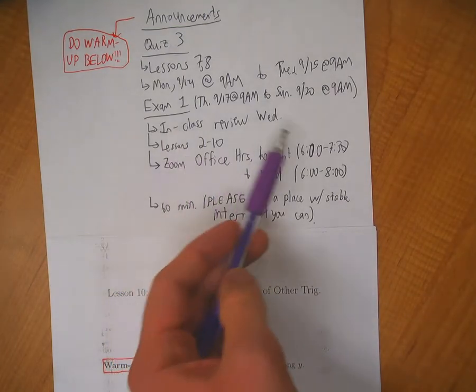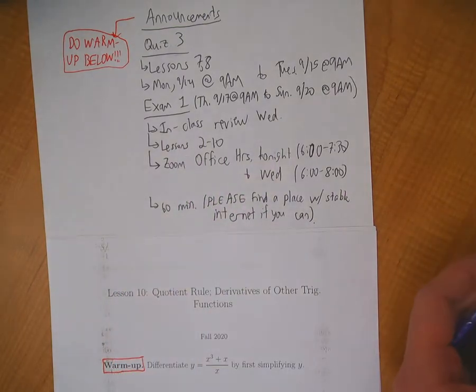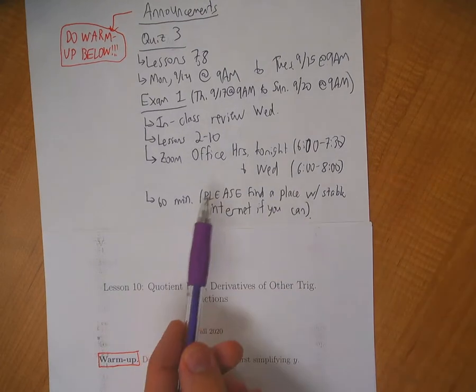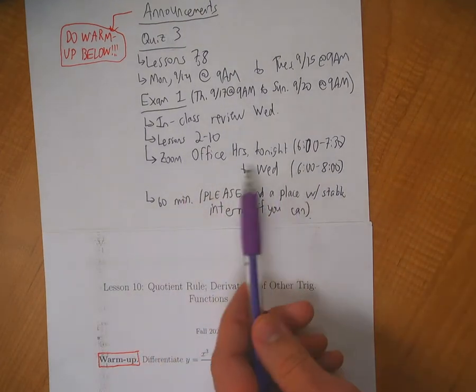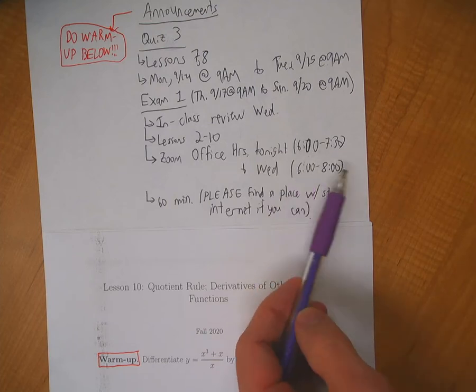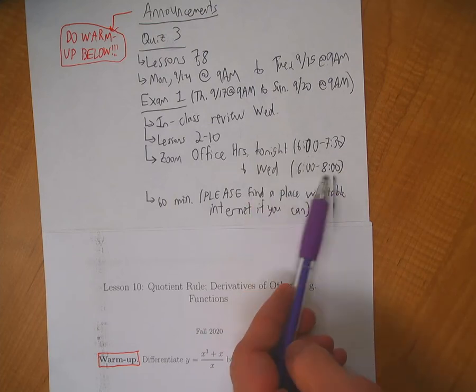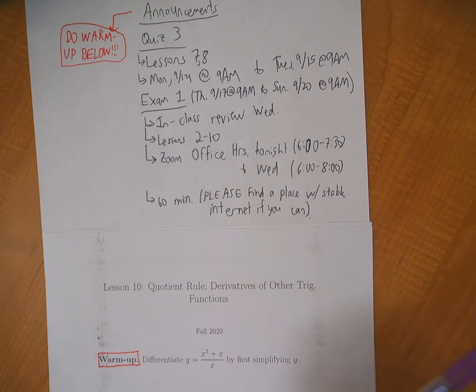And we will have an in-class review on Wednesday for those that would like to take advantage of it. We also have extended office hours tonight on Zoom from 6 to 7:30, and on Wednesday from 6 to 8. So plenty of opportunities to ask questions. The exam will also be 60 minutes on Lockdown Browser.